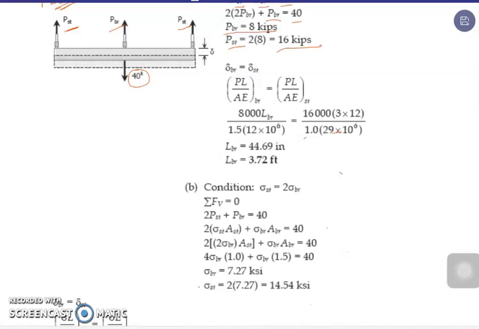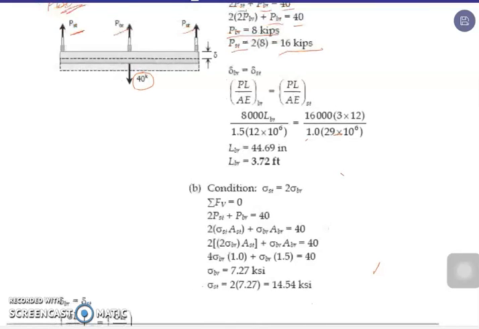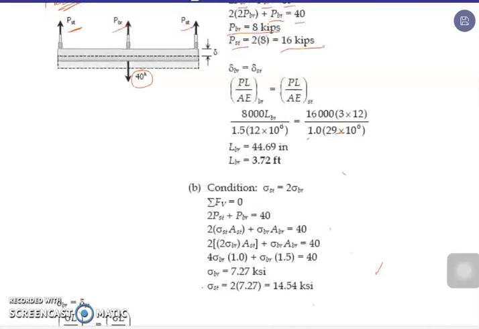So for the bronze, the load on the bronze is 8,000 times the length of the bronze all over the area, which is 1.5, times E, which is 12 times 10 to the 6.